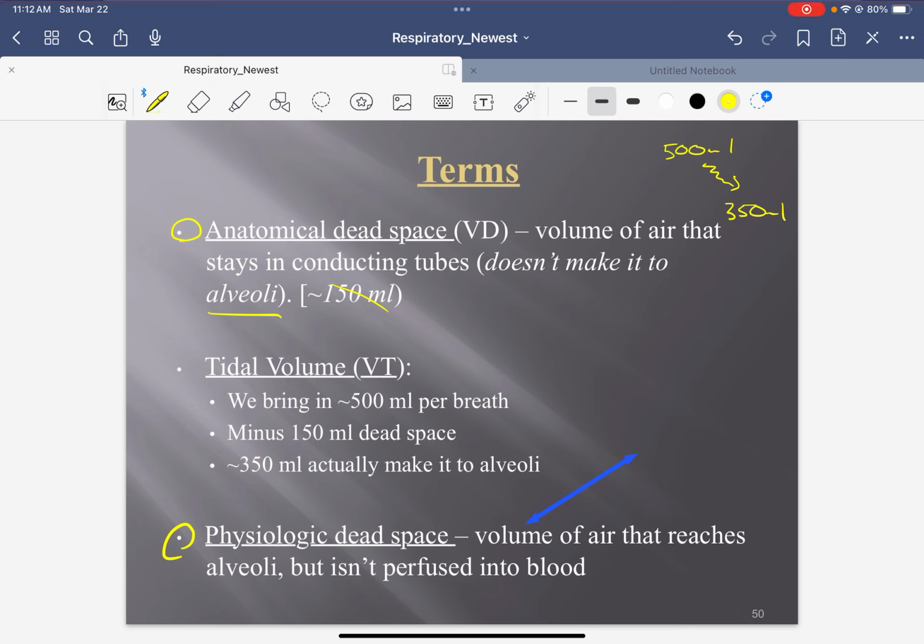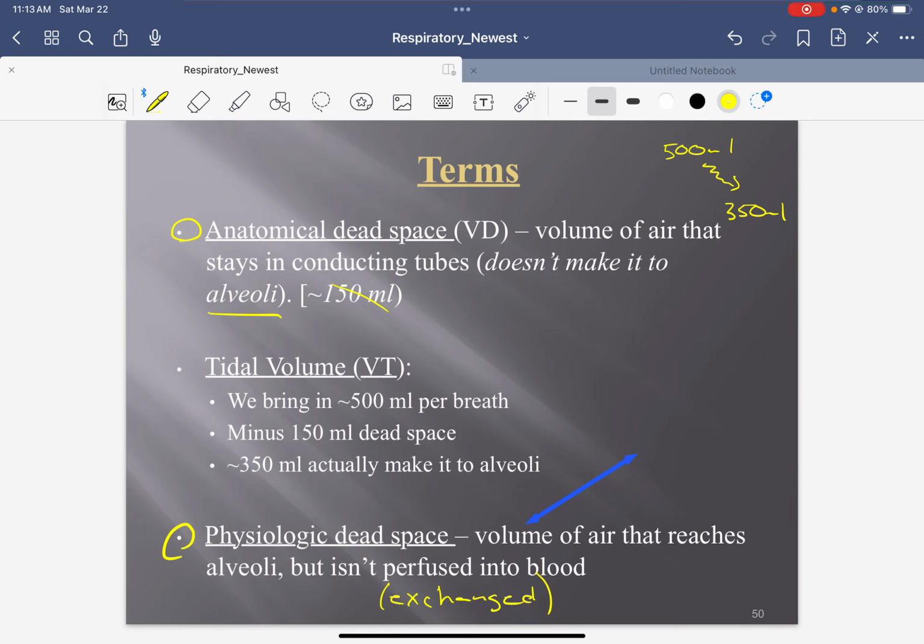So then there's a physiological dead space. We don't exchange all of our air into the blood. So the physiological dead space is a certain volume of air that reaches the alveoli, but isn't exchanged. Another word for perfused is exchanged.